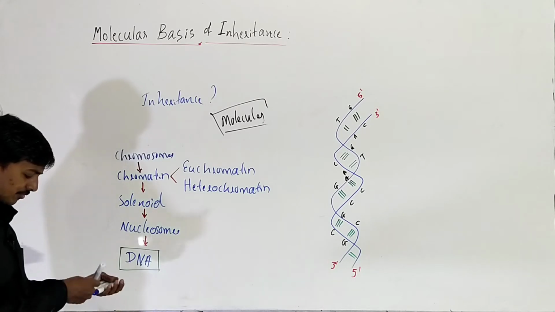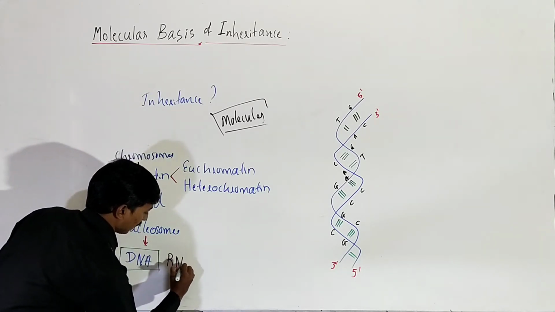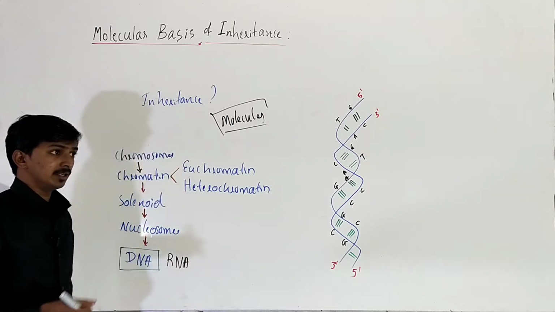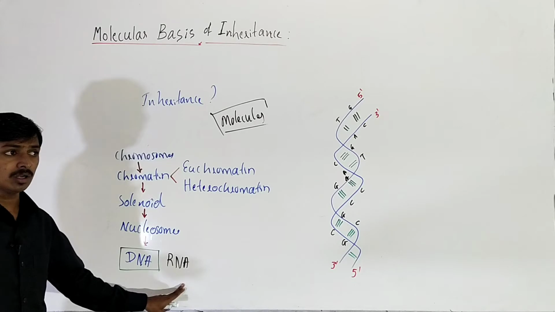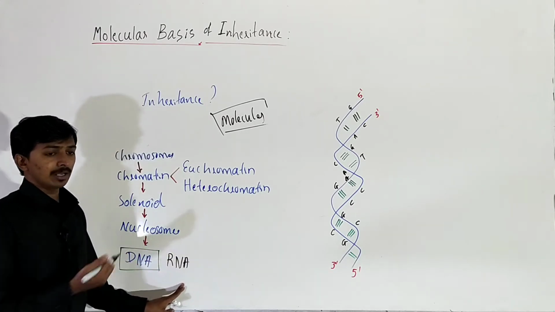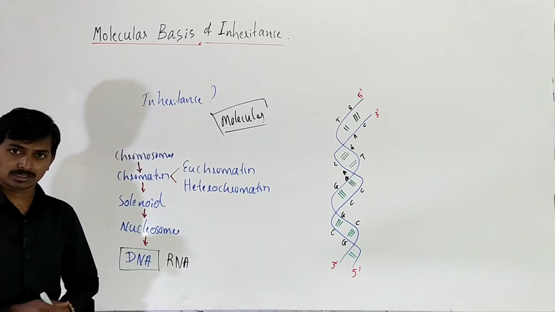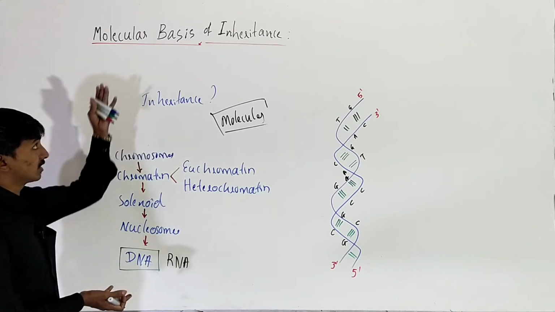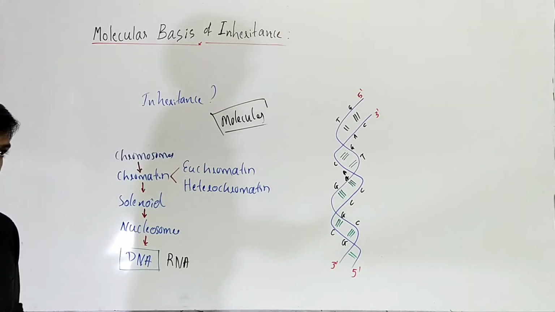But along with DNA, we will also discuss some concepts about RNA, maybe the synthesis of RNA, the types of RNA, or the changes taking place in RNA in prokaryotes as well as in eukaryotes. That is the main theme of our chapter, molecular basis of inheritance.